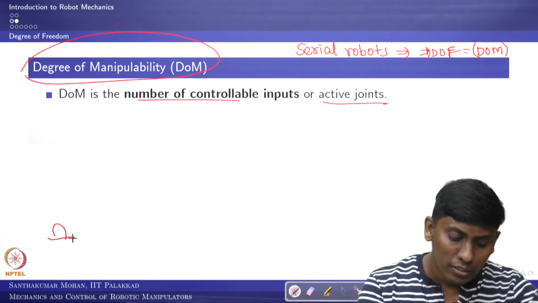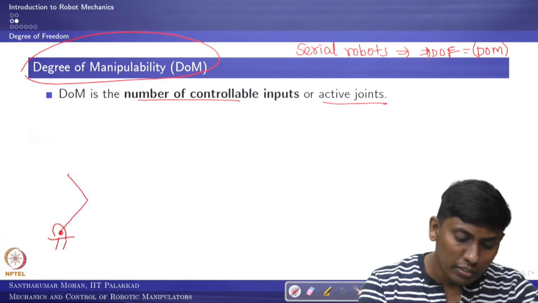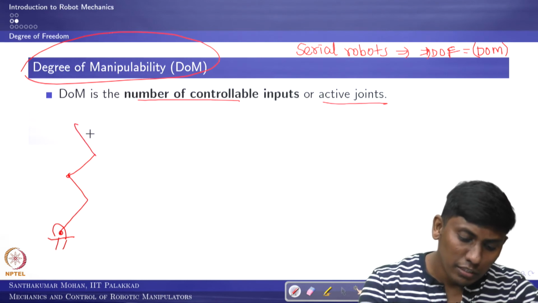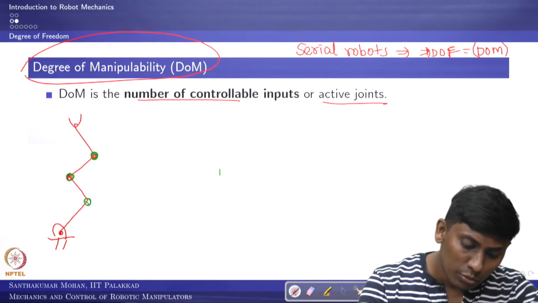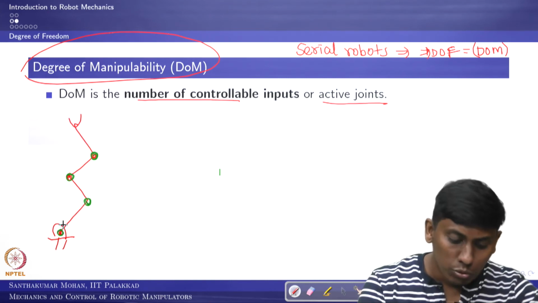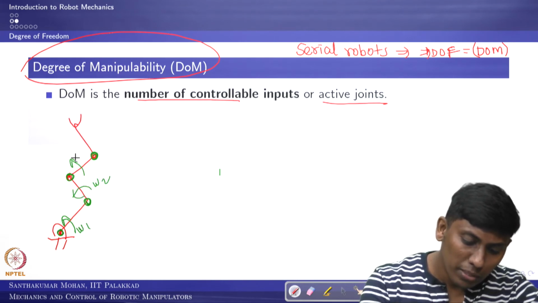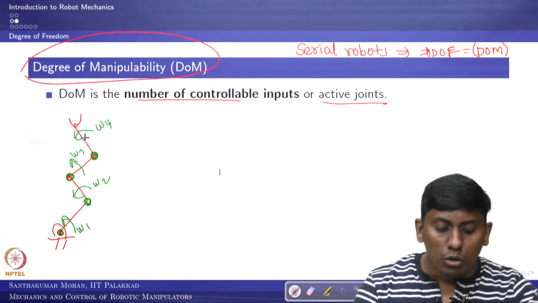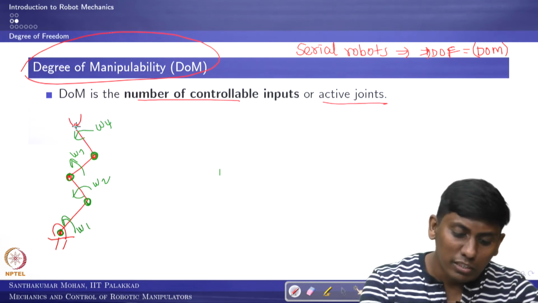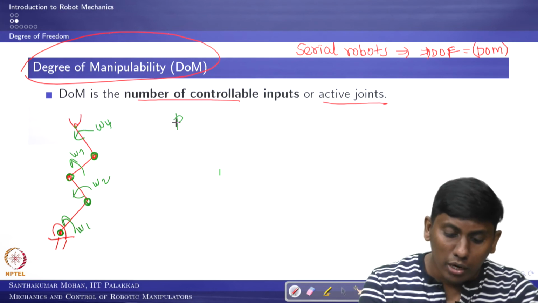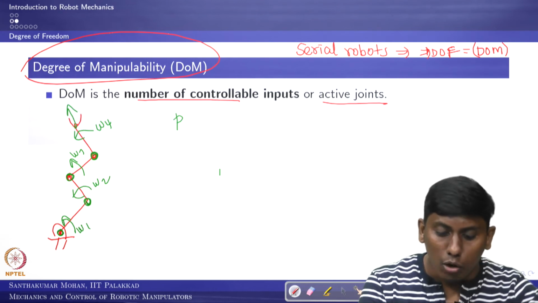For example, I am just giving a planar manipulator. It has 4 motors. Each motor can rotate, so omega 1, omega 2, omega 3 and omega 4. Now, how many variables are needed to describe the system? Since it is in a plane, it requires the orientation as well.